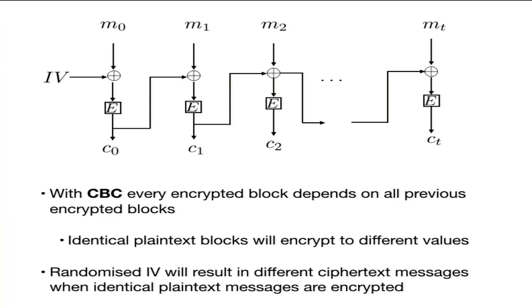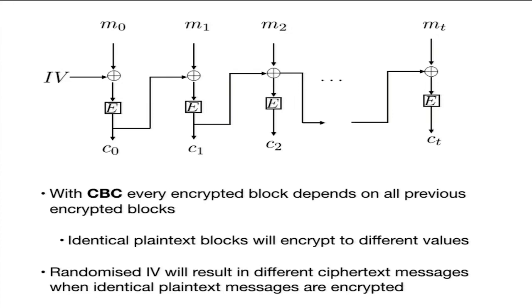Then you can see that this encryption output will be fed into the XOR for the second block, for M1. So every block encrypted will depend on all previous blocks. For example, C2 will depend on the encryption of M1, so ciphertext C1, and C1 will depend on C0. So this is a nice system to get randomized encryption.